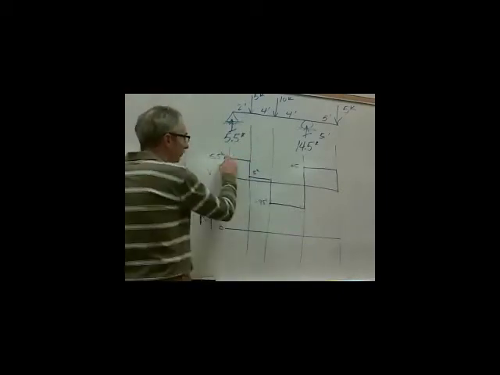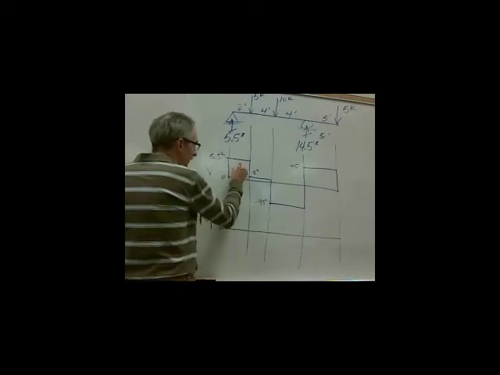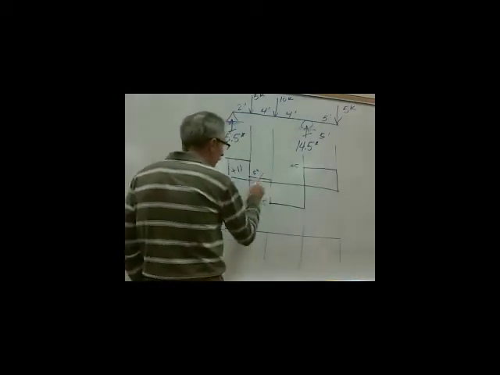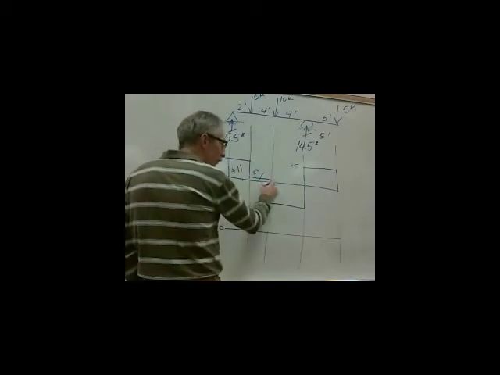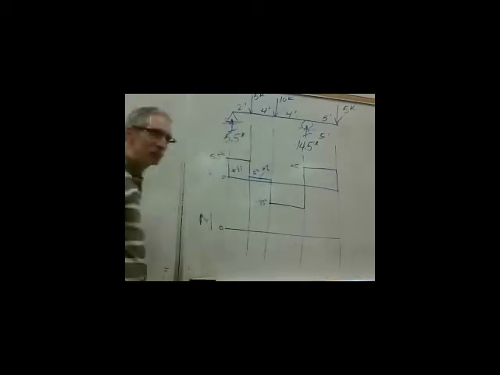So the first block of area is 5.5 kips high. It's 2 feet wide, so that's positive 11 foot kips. The second block of area is 0.5 kips high. It's 4 feet wide, so that gives me a positive 2 foot kips.